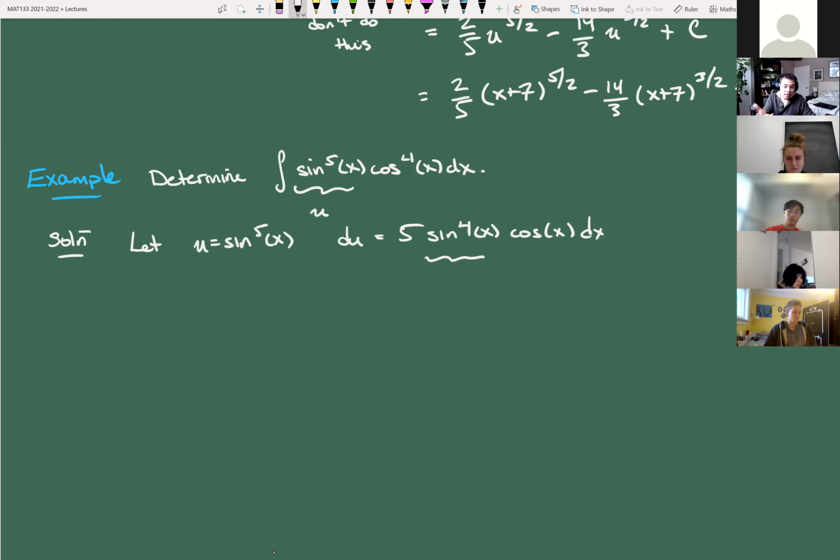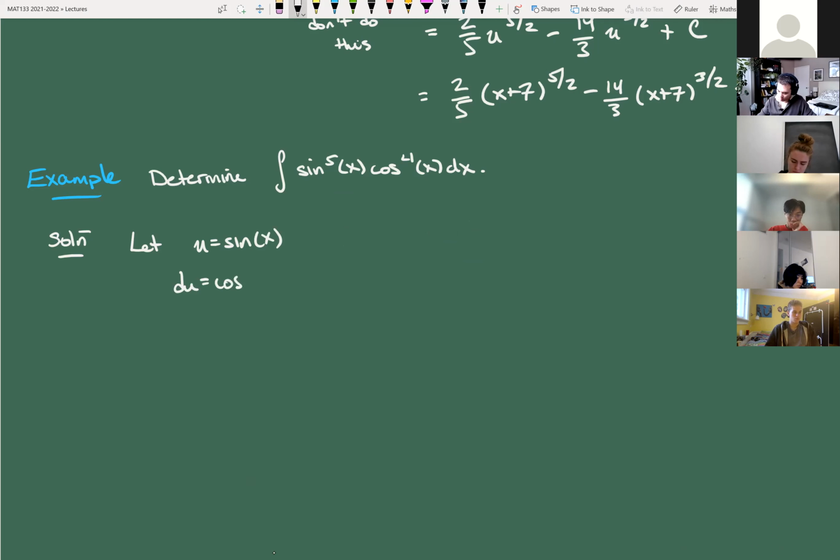No, but in some sense, it does look like it's the right thing to do, right? Because totally, the 5 and the 4 are related. So it seems like if you differentiate the 5, you should get the 4, right? Okay, sure. u is equal to sine x. Okay, now what? So du is cos x dx.